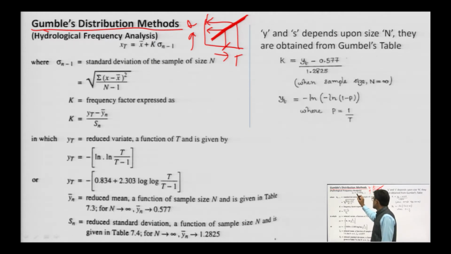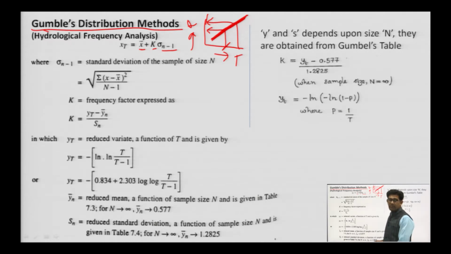It is equal to x bar plus k times sigma n minus 1. That is the general equation for hydrological frequency analysis.